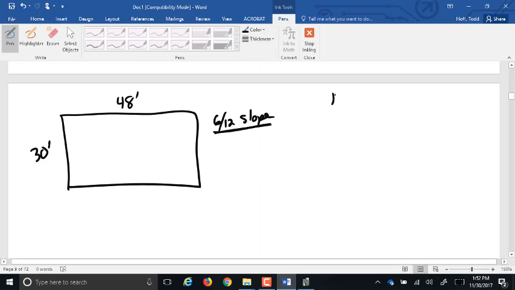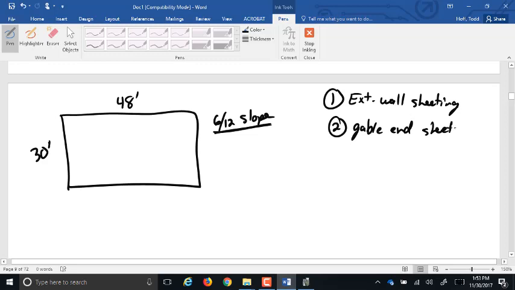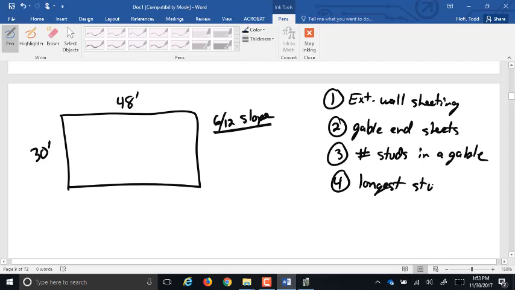I want you to find for me: 1, external wall sheathing, that's without the gable ends; 2, gable end sheets; 3, number of studs in each end; and 4, longest stud in the gable end.